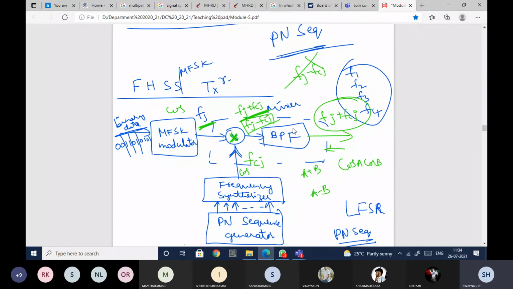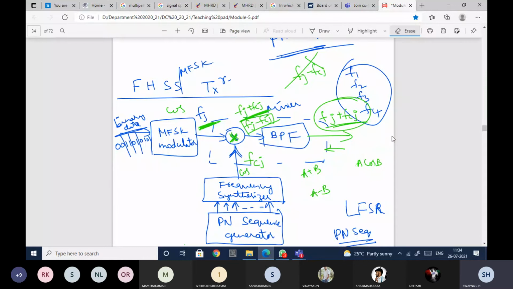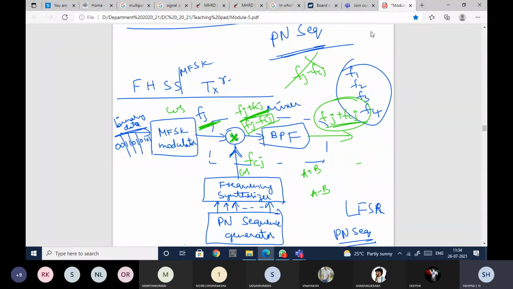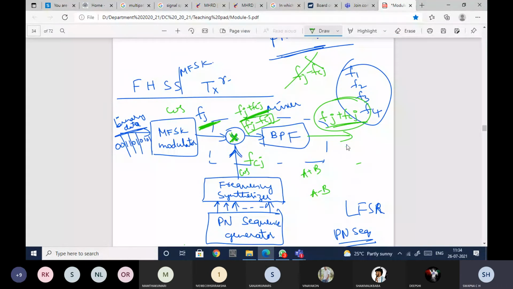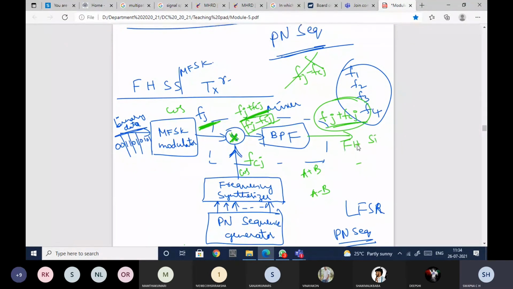Here we are converting Fj to Fj plus Fcj. That is the reason it is said to be an up conversion mixer. Whatever output I am getting here is nothing but the Fs signal, the frequency of the spread spectrum signal.